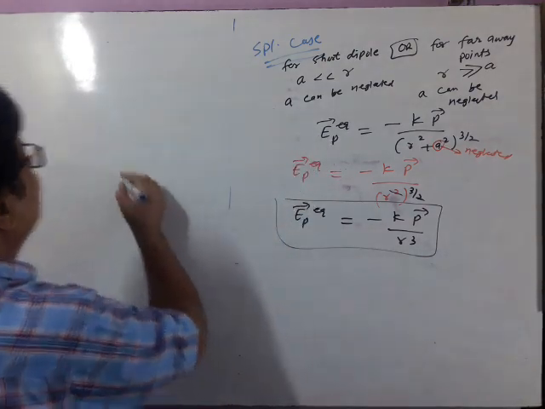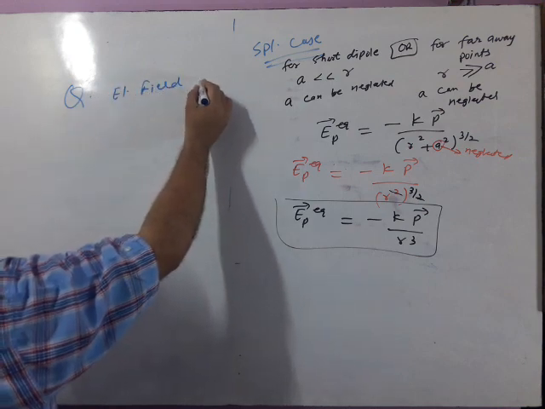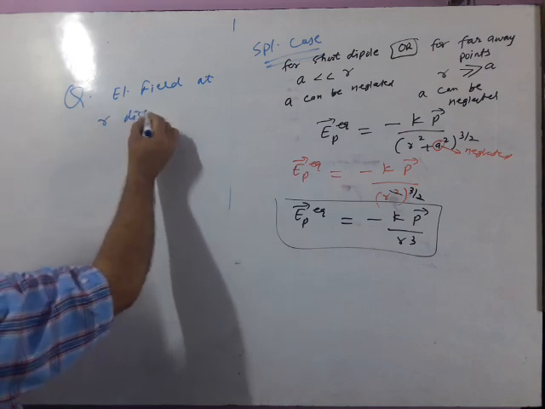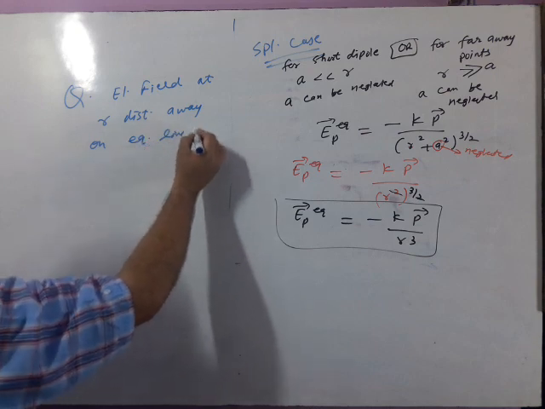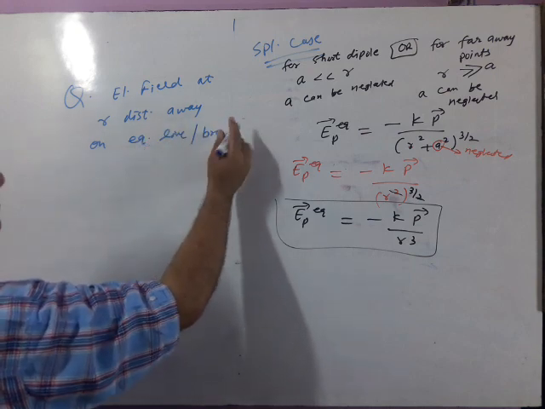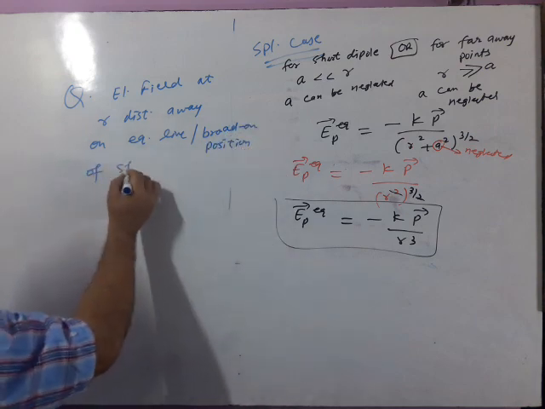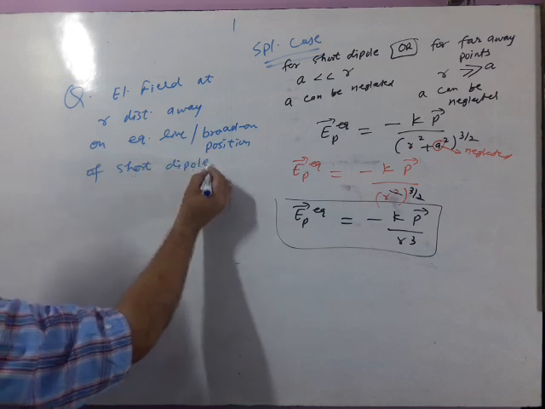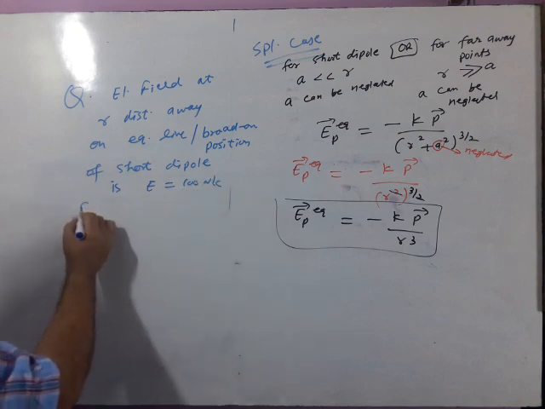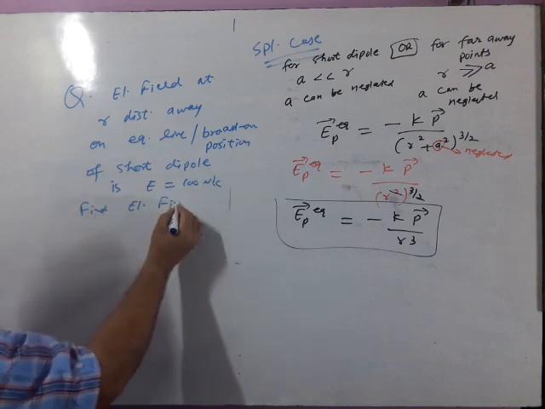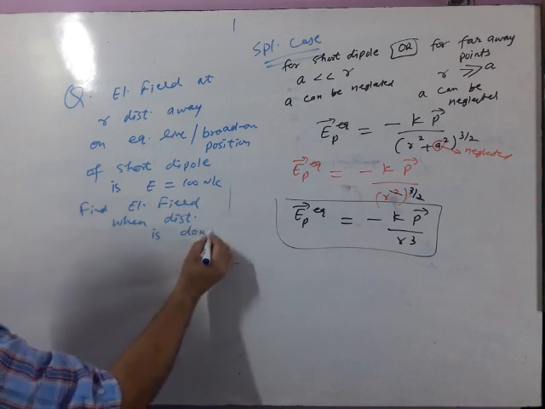Now a numerical similar to the previous derivation of the axial line. He may ask like this: the electric field at r distance away on the equatorial or broadside-on position of a short dipole is 100 Newton per Coulomb, or E. Find the electric field when the distance is doubled.